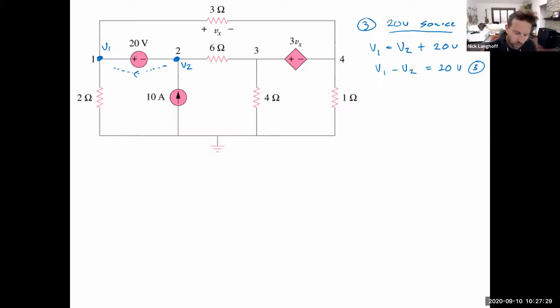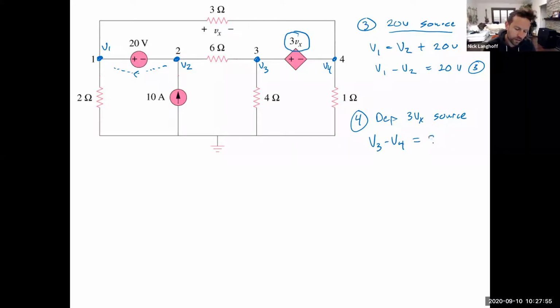How about equation 4? Let's do the dependent, or the 3Vx source. V3 is on the positive side, V4 is on the negative side. So you could say V3 minus V4 is equal to the value of the source, which is 3Vx. Or you could say V3 is equal to 3Vx plus V4.